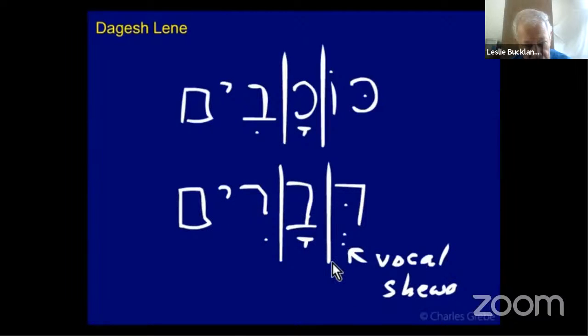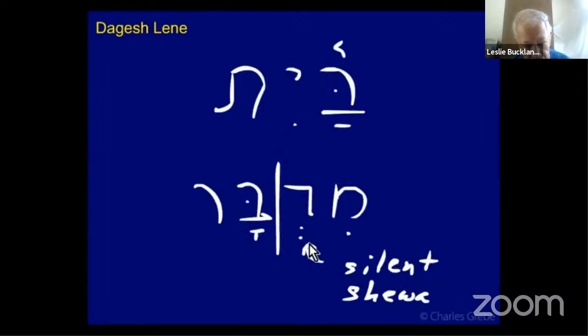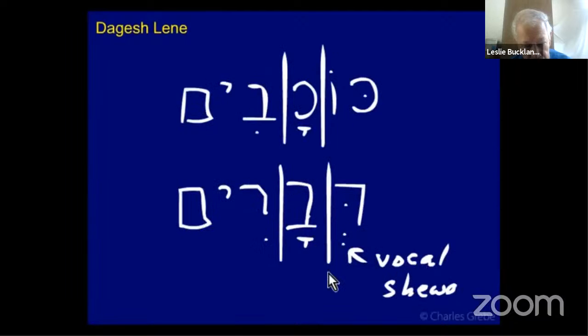There is no Dagesh. Why is that? It's because this is a silent Shva and this is a vocal Shva. So when you're thinking about Dagesh Lennies and whether they should or shouldn't be there, you have to first figure out whether your Shva is vocal or not, if you have one there. Because a vocal Shva is a vowel, a silent Shva is not a vowel. A silent Shva is simply a syllable marker. And any vowel will cause Dagesh Lenny to take off.